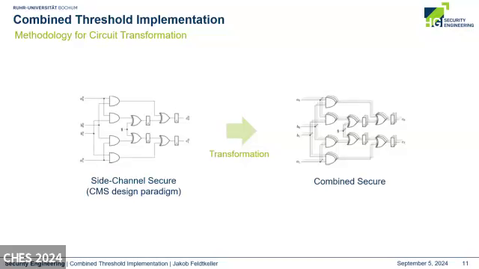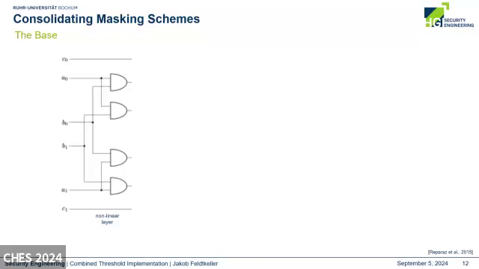And we transform this then via specific steps to a combined secure circuit. So the side channel secure circuit needs to be constructed according to the consolidating masking scheme, which is a method that tries to generalize different masking schemes to one scheme, basically.